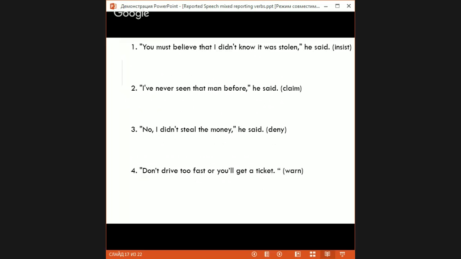The next one, we have here longer sentences and again some suggestions with the verbs: insist, claim, deny, and warn.